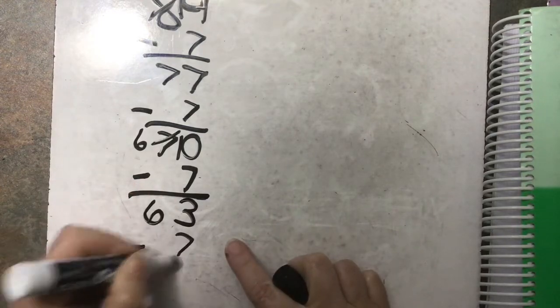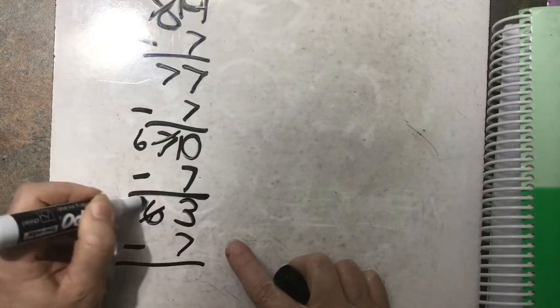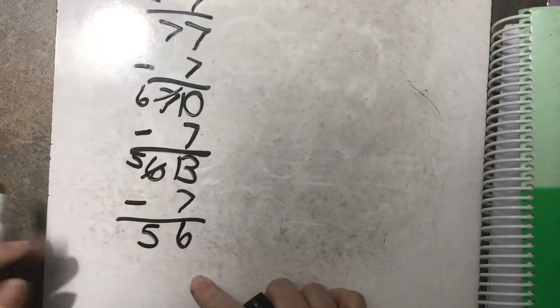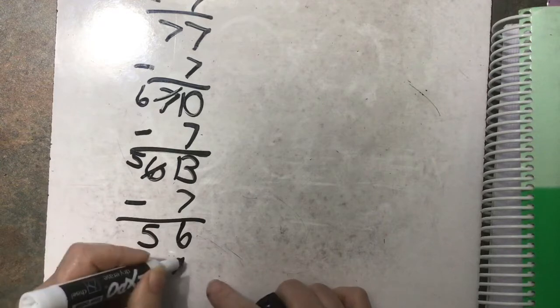Okay, so you would just keep doing this over and over again until you are left with 0 Easter eggs left over. We just keep taking away 7.